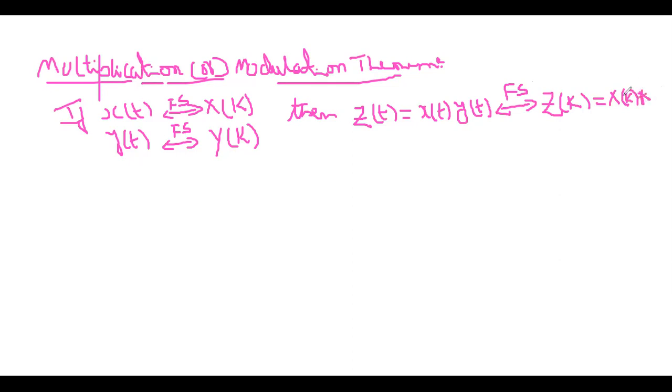This is a convolution, my dear students, it's a symbol. So let us see here. Multiplication in time is convolution in the frequency domain. Okay, let us go for the proof.